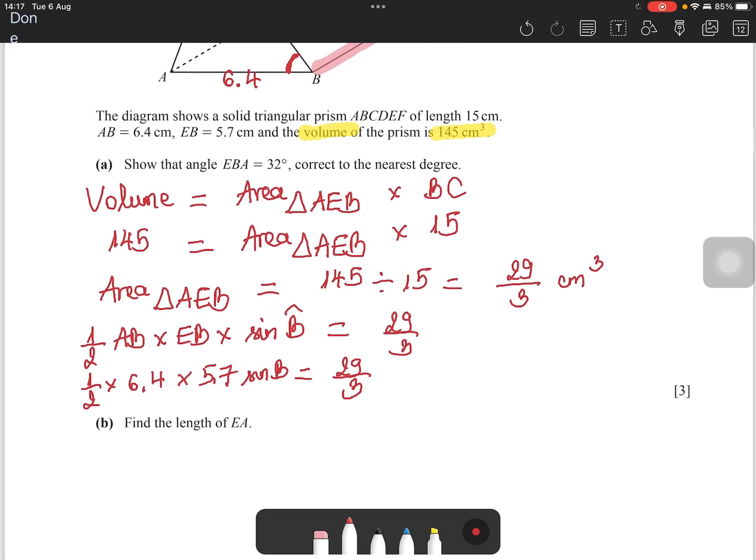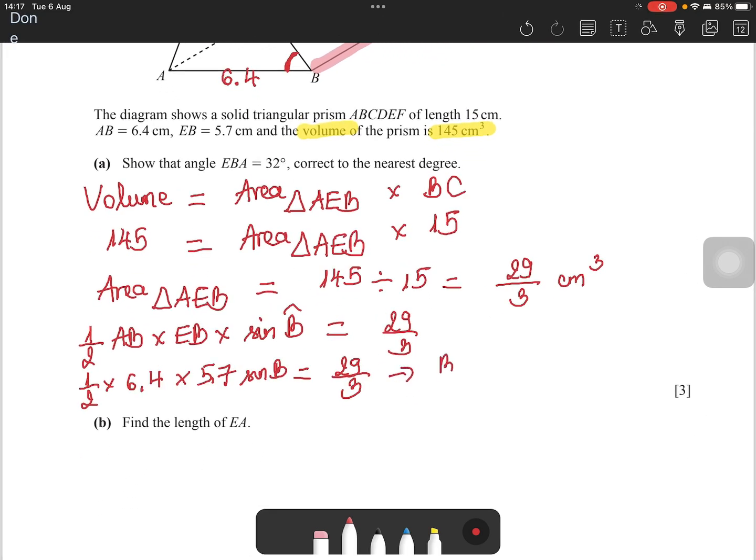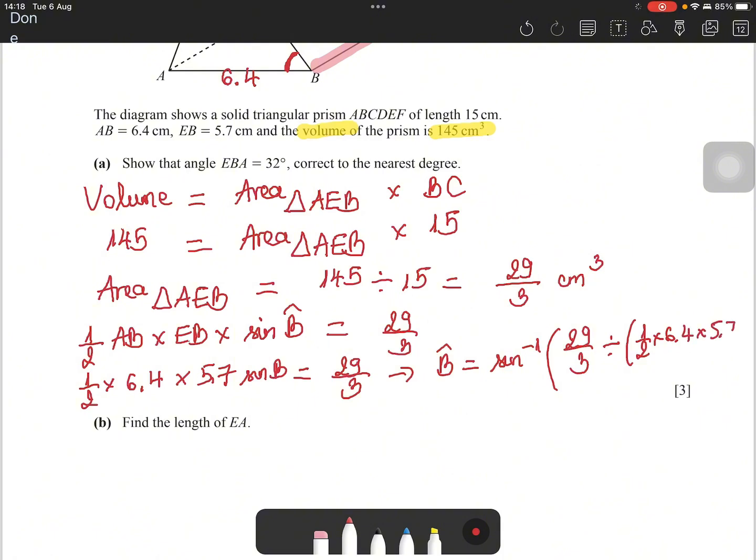So the angle B is equal to the inverse of sin of 29/3 divided by 1/2 of 6.4 and 5.7. So this one is 32.003 degrees. And if you want to write it correct to the nearest degree, then it is just 32 degrees.